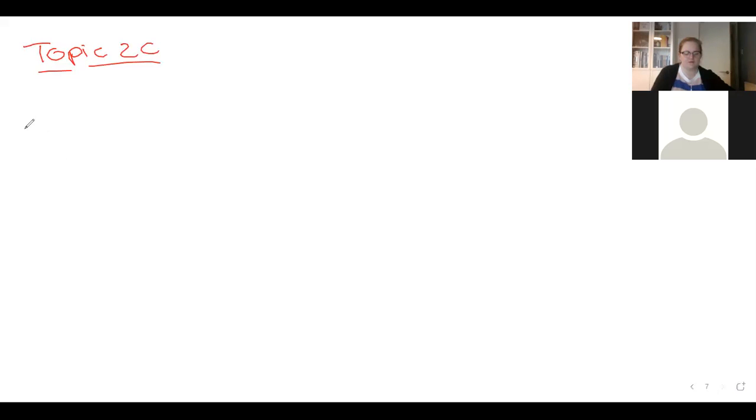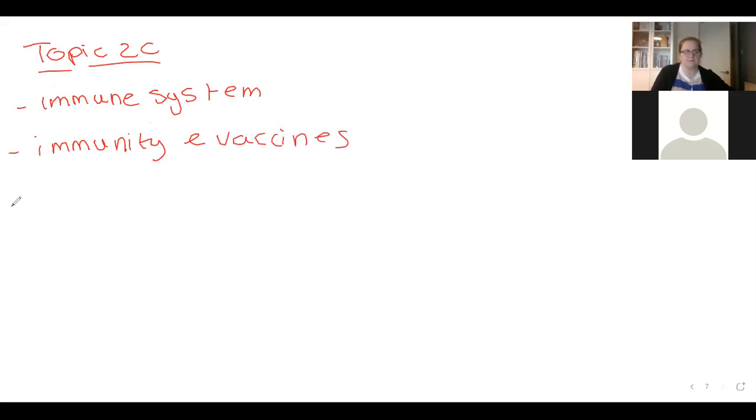And so this is cells and immune system. So we'll look at the immune system, immunity and vaccines, antibodies in medicine, interpreting vaccine and antibody data.